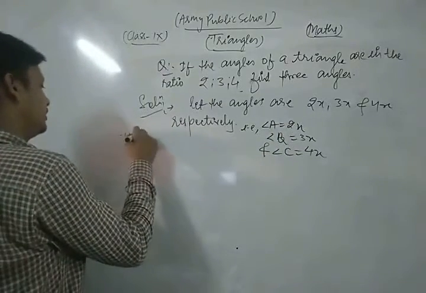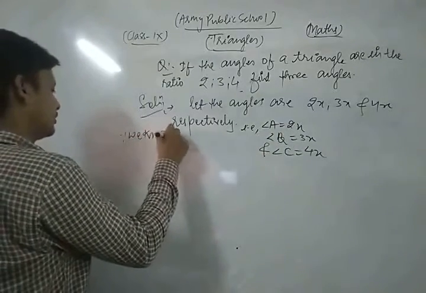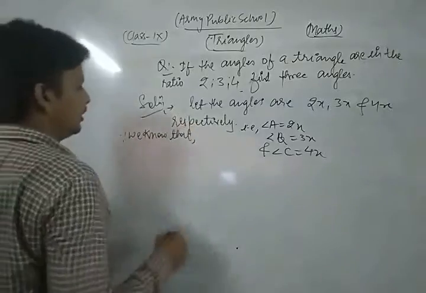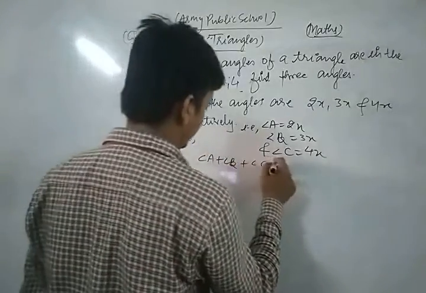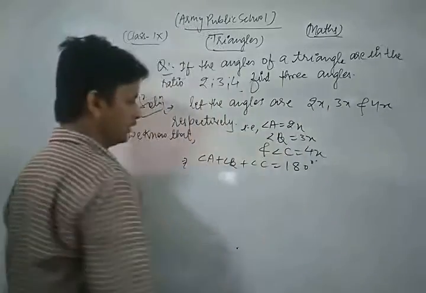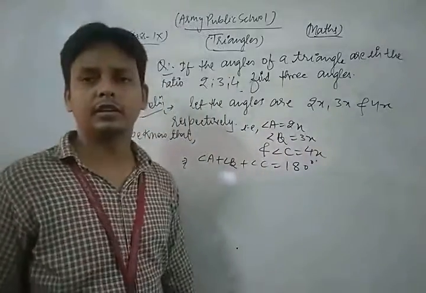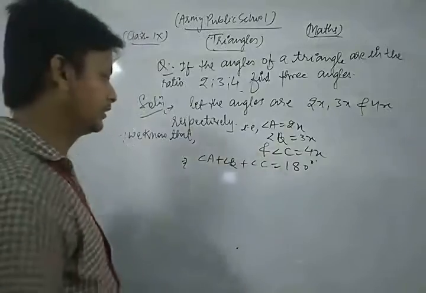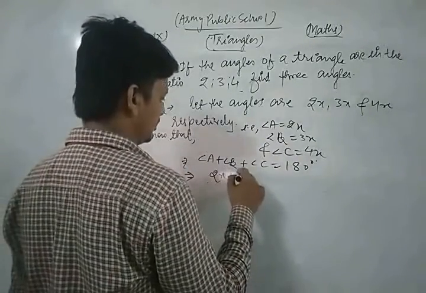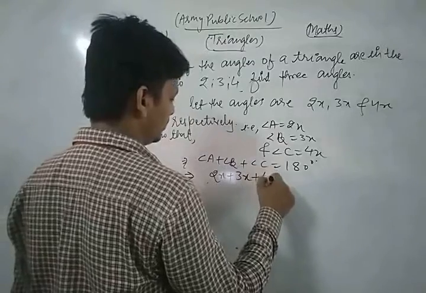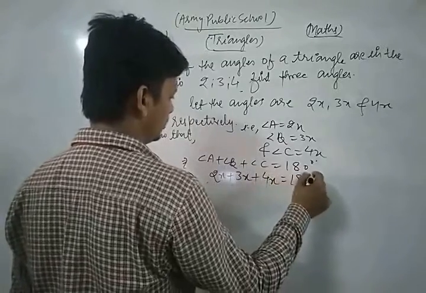Since we know that angle A plus angle B plus angle C is equal to 180, the sum of all three angles of a triangle is 180. That is, 2x plus 3x plus 4x is equal to 180.